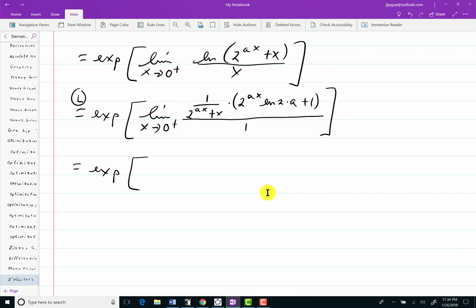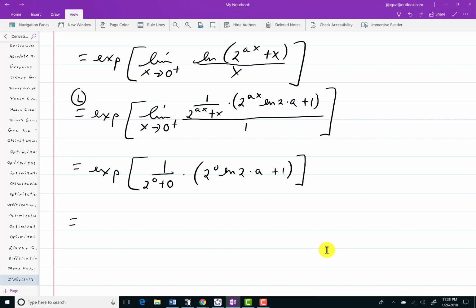exp. So I'm at 1 over 2 to the 0 plus 0 times. Notice this divided by 1 just disappears. It's not to be taken into account. So we have 2 to the 0 ln 2 times a plus 1.